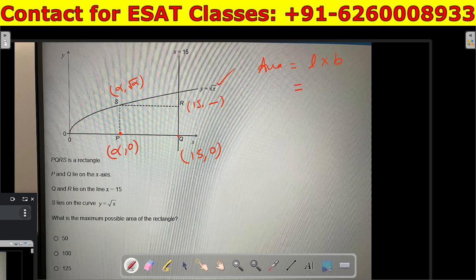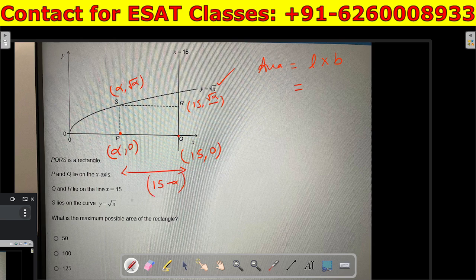Now, how can we find the point R? Point R's x coordinate is 15 and the y coordinate should be root alpha, isn't it? So now you can see that I have written all the coordinates in terms of a single variable, that is alpha only. Now what should be my length? My length should be this length, and you can write this will be 15 minus alpha.